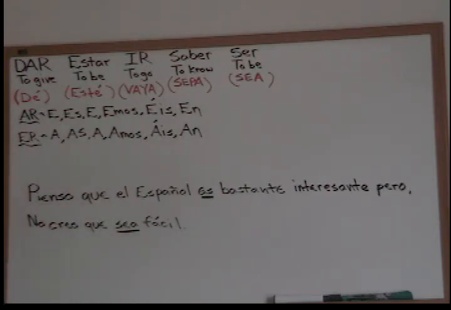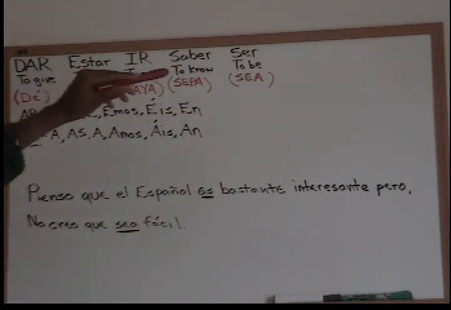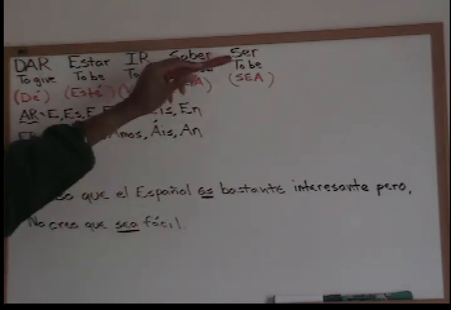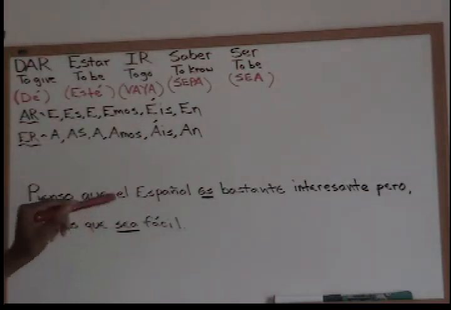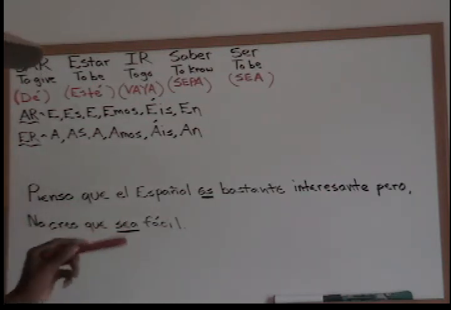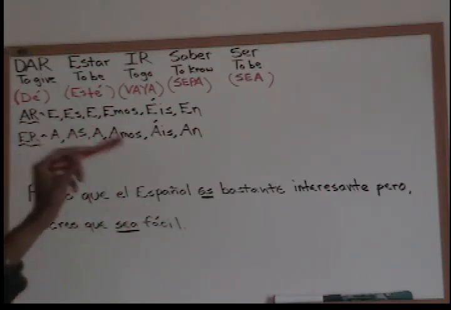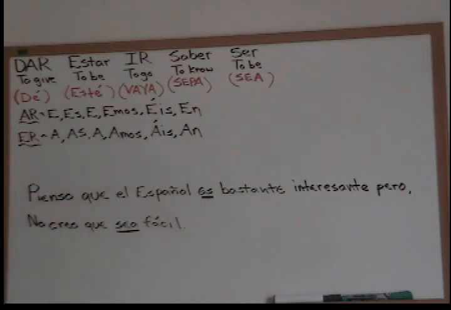But anyway, I'm not trying to get into grammar. I just want to show you guys an example. So this sea here, I know that this is the "to be." What I want to do is use this sea in sentences with their other type of "to be," which is es.